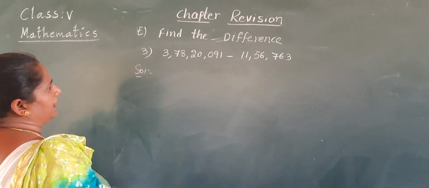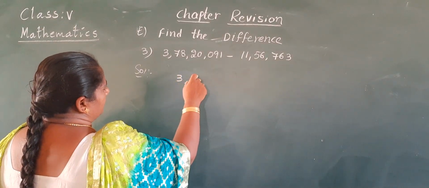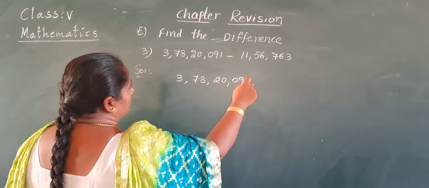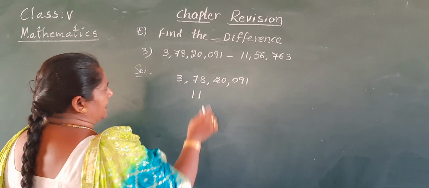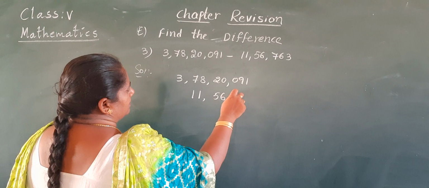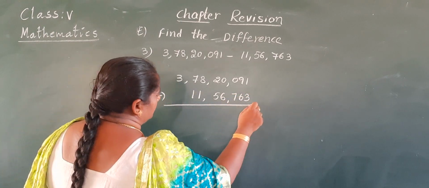So first you have to arrange. This is crores place, so 3 crore 78 lakh. 20,091 is in the lakhs place, 20 lakhs, so you write under the lakhs period. 11 lakh 56,763. Now keep the minus symbol.